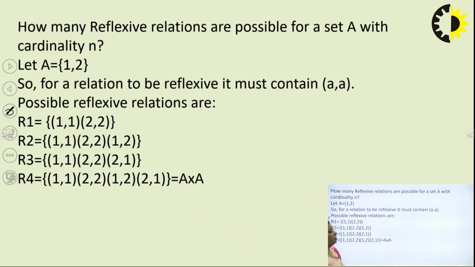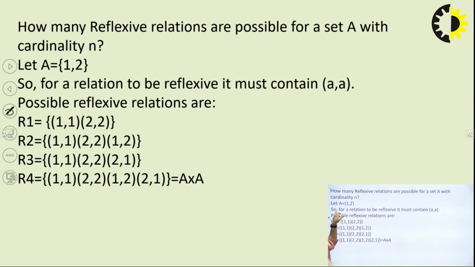Now we want to check how many reflexive relations are possible for a set with cardinality n. That means if a set A has a total of n elements, then how many reflexive relations are possible? So we'll start with a small set A which contains only 2 elements, that is 1 and 2.